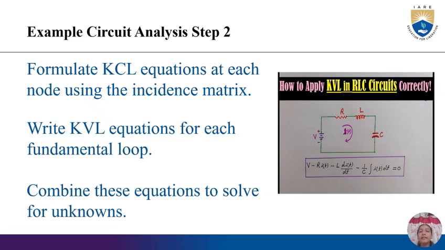After writing KCL equations at each node, we must identify loops and current and voltage directions by which we can write the KVL equation clearly. Combine these equations to solve for unknowns. Now we must solve these two equations and find the unknowns.